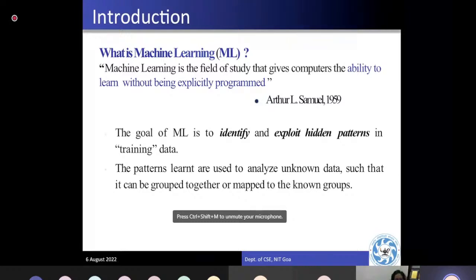What is machine learning? This term, if I take the traditional definition, I think almost everyone knows what machine learning is: the ability to learn without being explicitly programmed. What it means is that when we give a programming task in C or C++, we tell the student that this is the input and this has to be the output.